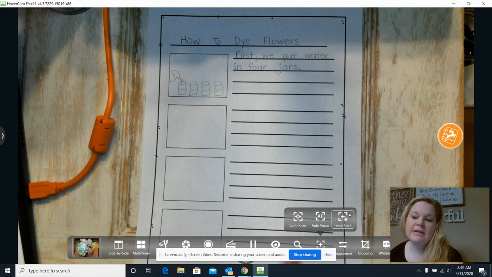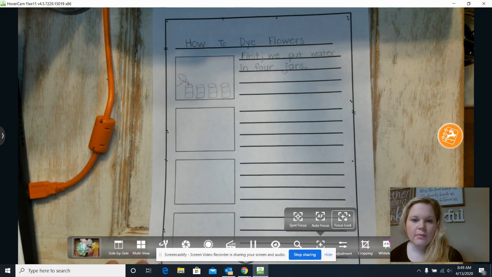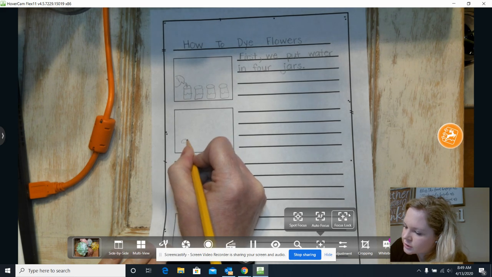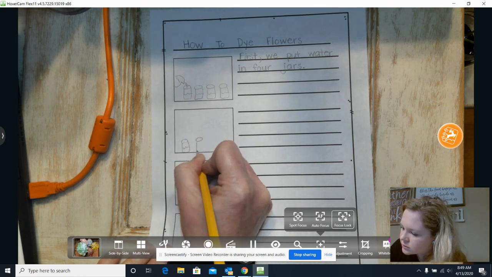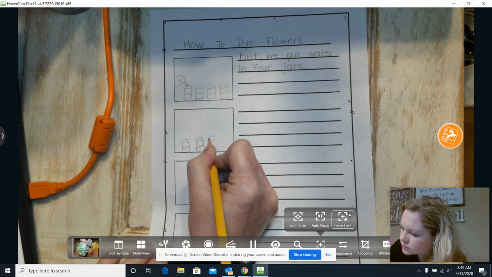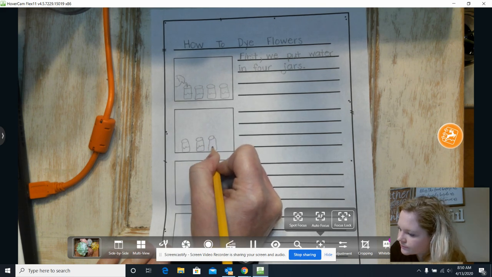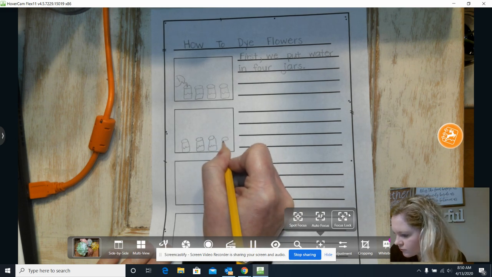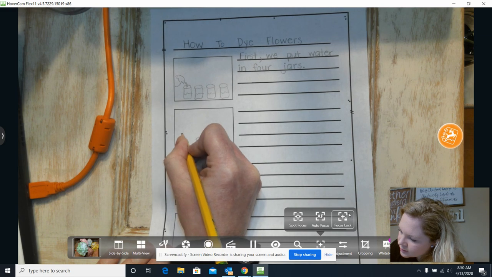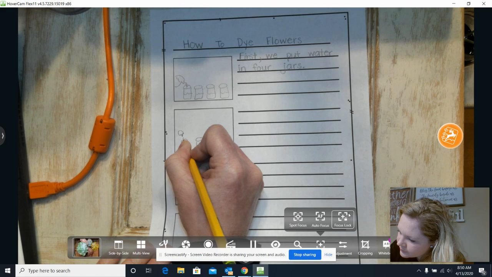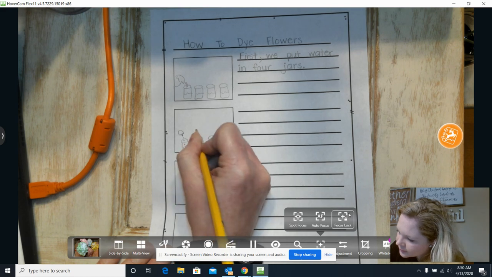What did we do next after that? We added the food coloring to the water. So I'm going to draw the four jars, and I'm going to draw the food coloring dripping down into the water.